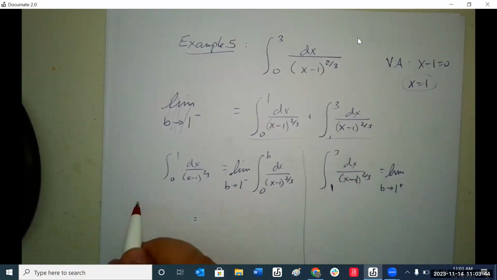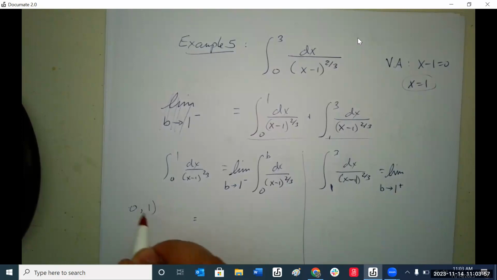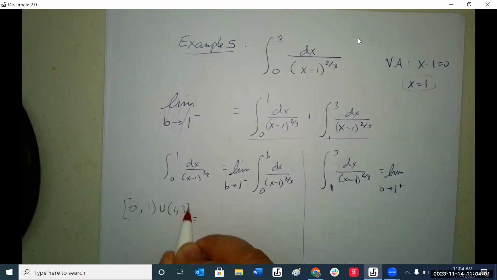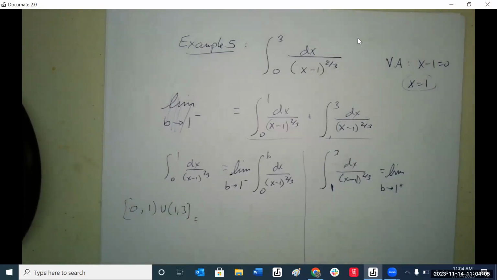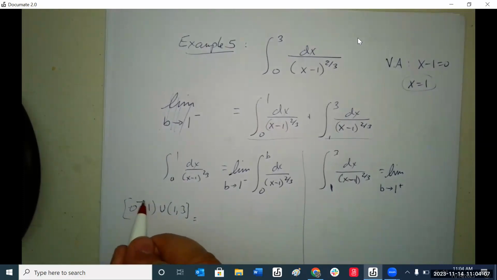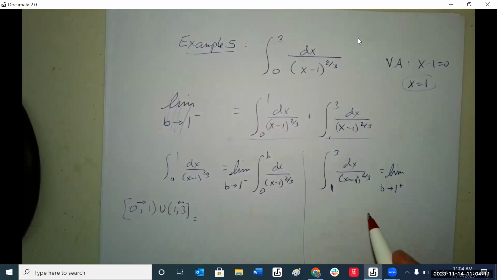Now, why is this? Because we're going from 0 to 1 and from 1 to 3. So for this one, we have to come from the left, and for this one, we have to come from the right. Let's finish this one.